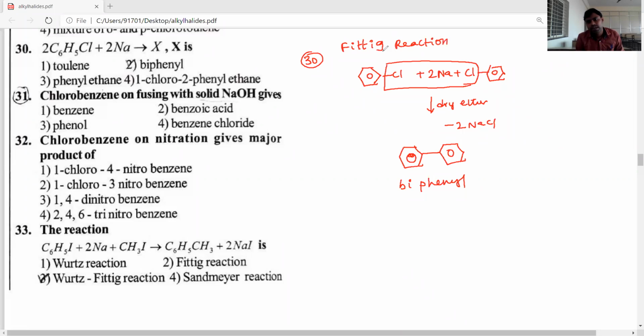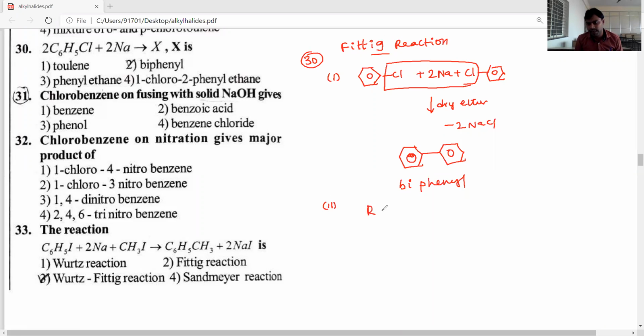And one more important thing. In the same way, 3 named reactions we have discussed. One is Wurtz reaction. The second one is Fittig reaction. Third one is Wurtz-Fittig reaction.